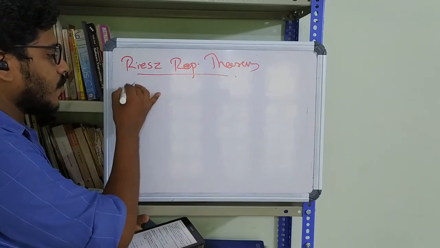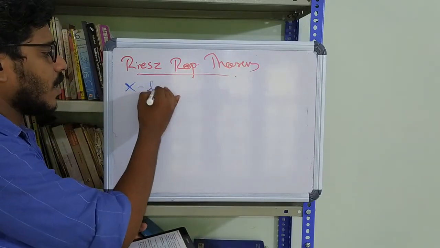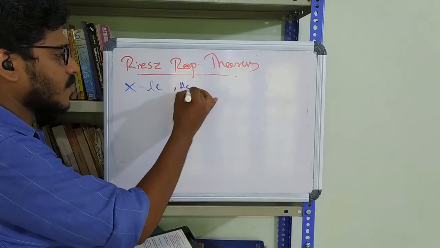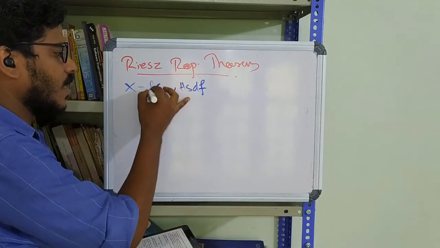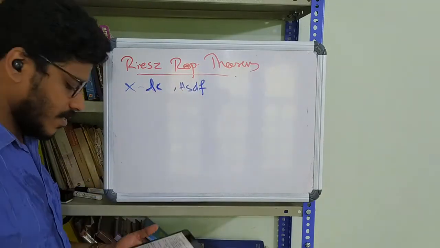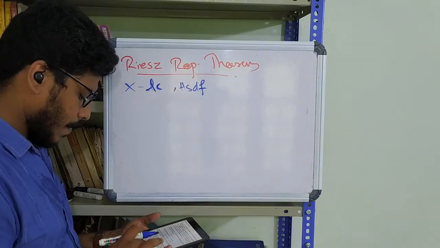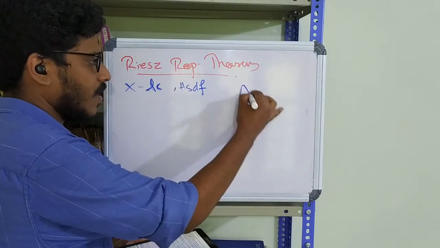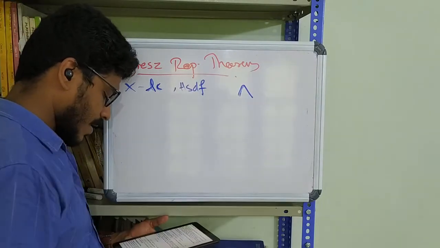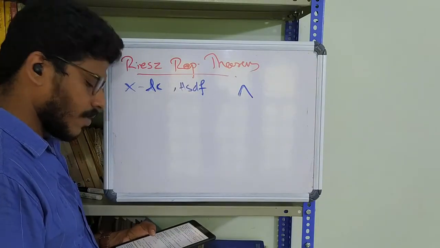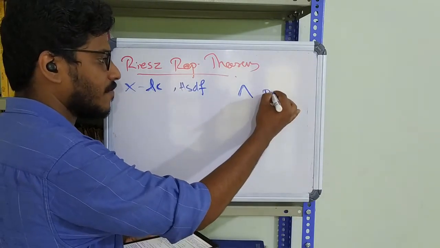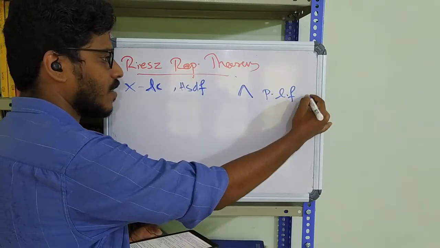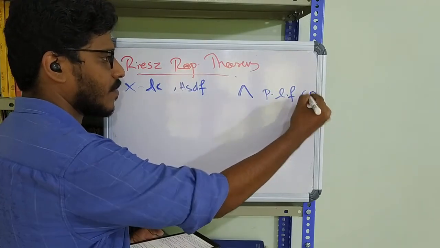So, as we have seen for Urysohn's lemma, let X be a locally compact Hausdorff space, and let Lambda, this is capital Lambda, be a positive linear functional on C_c(X).